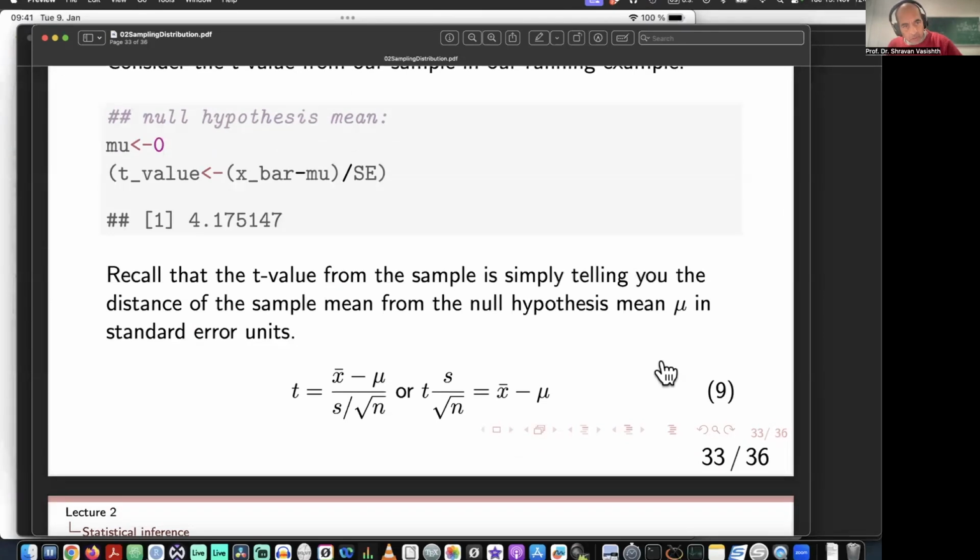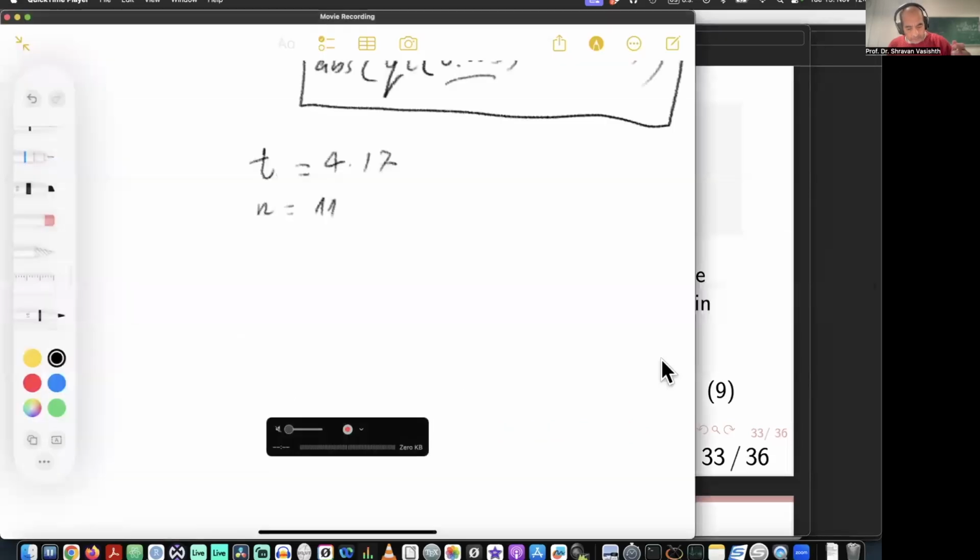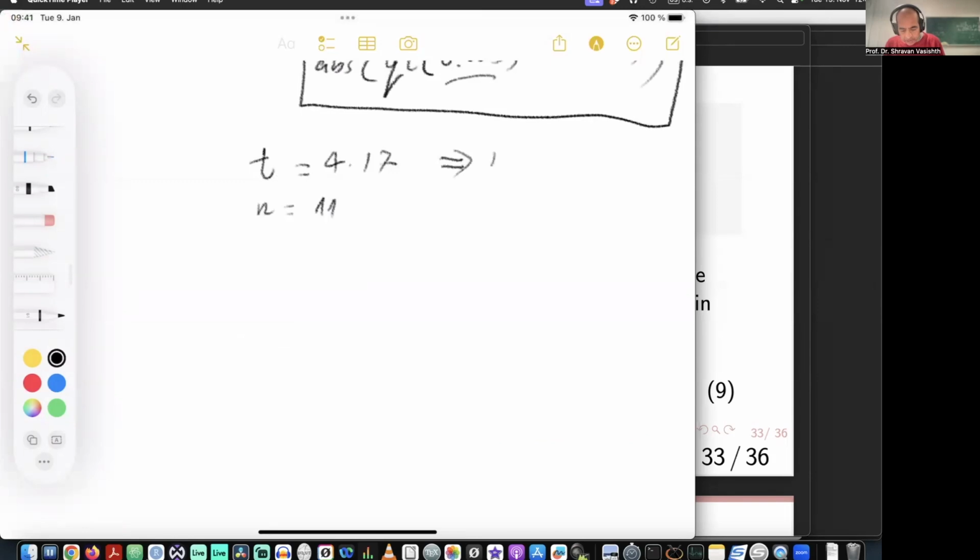So what we are going to do is, on the one hand, we already know that our decision is going to be reject. We want to reject the null hypothesis, because the observed t-value is larger than 2, okay? But what we can do is actually calculate the probability of observing the observed t-value, so I'll call this the observed t-value from the data.